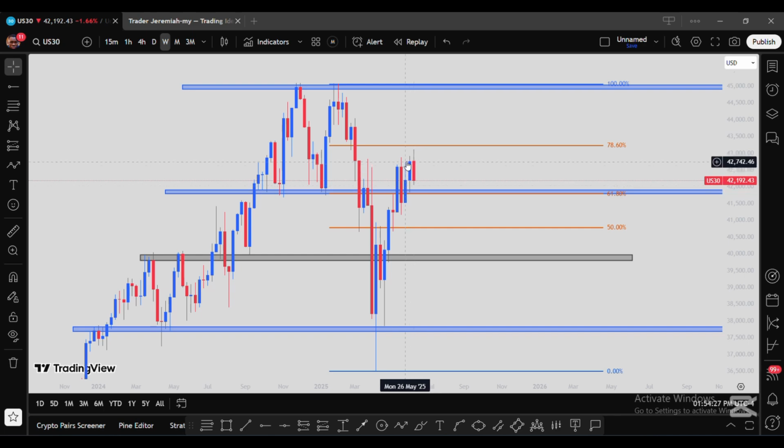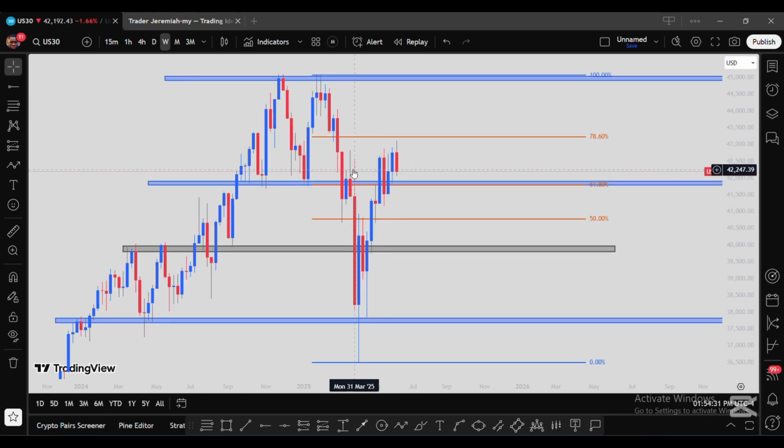If price continues heading lower from here, if price got rejected from here, this could still be a downward movement. We have an equal high here, we have a low. So this move could still be a lower high here. Price was still inside the Fibonacci zone at this point.